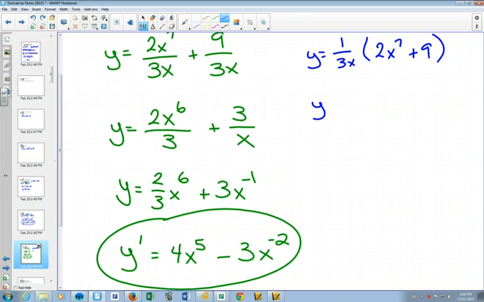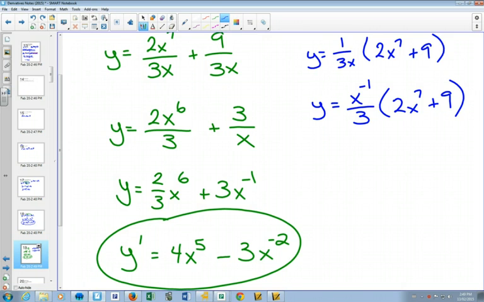Some of you, when you rewrote it, put the x to the negative 1 already in the top. Now, if you move the x to the top of the fraction, the 3 doesn't move. So that's one thing I liked looking at something like that.